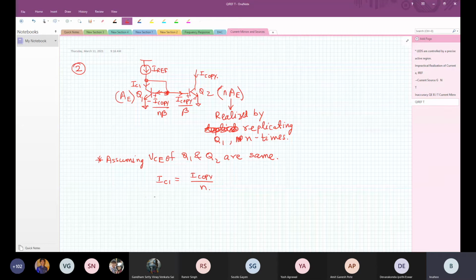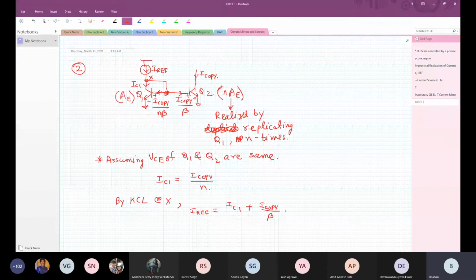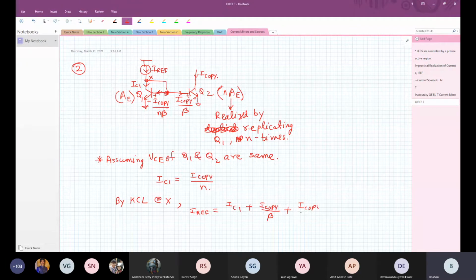So by KCL at node X, what do you get? We get IREF equals IC1 plus I copy by beta plus I copy by N beta.